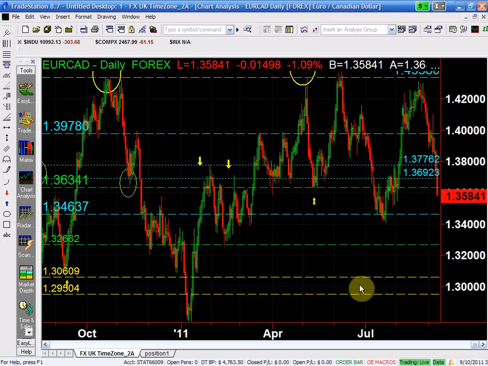The only reservation I have is the close, and it's the same kind of close that we had in the Aussie. It's basically a squeeze close, but nothing has changed. I mean, the trend is still to the downside. Everything is negative.